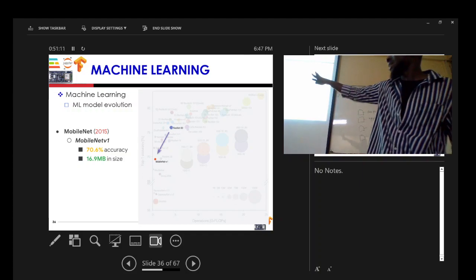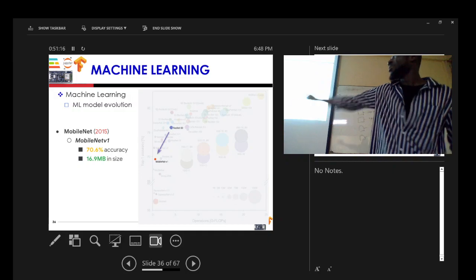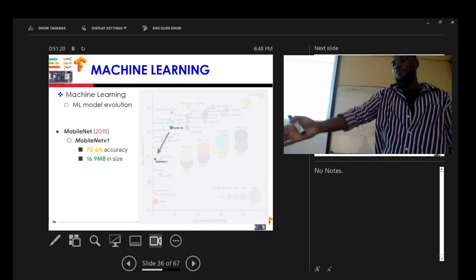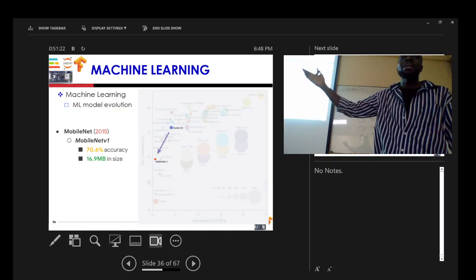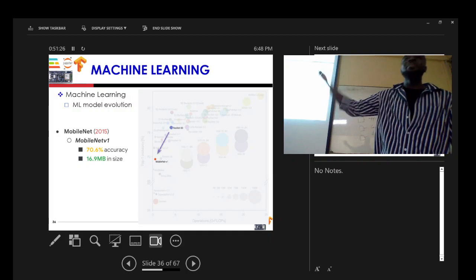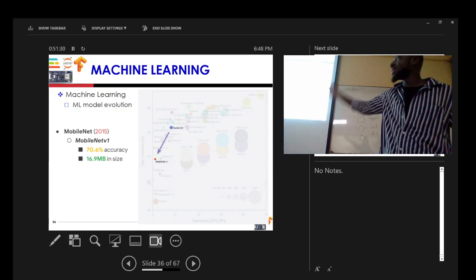So this one, MobileNet, was actually for phones, compressed to fit in. Because if you have 60 megabytes of size, your phones right now have RAMs of several gigabytes and stuff like that, some of them even bigger, so you can easily run this one on your phone, with 60 megabytes.